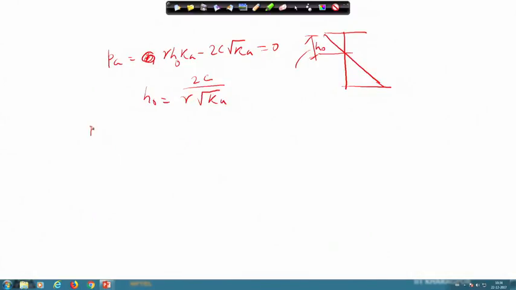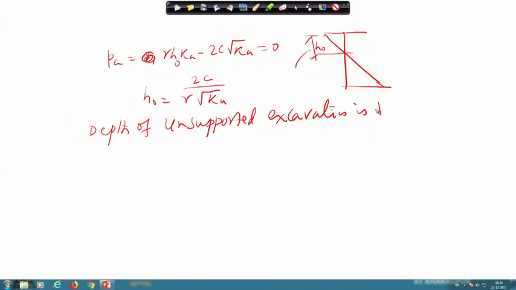But the depth of unsupported excavation is twice the depth of the tension crack.